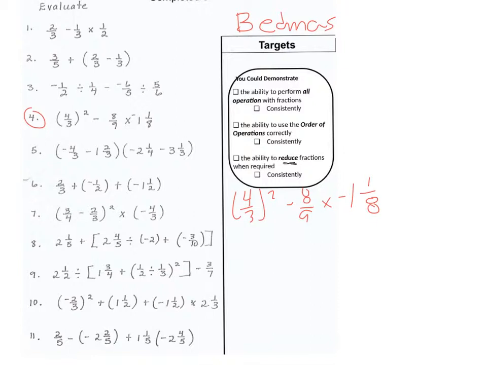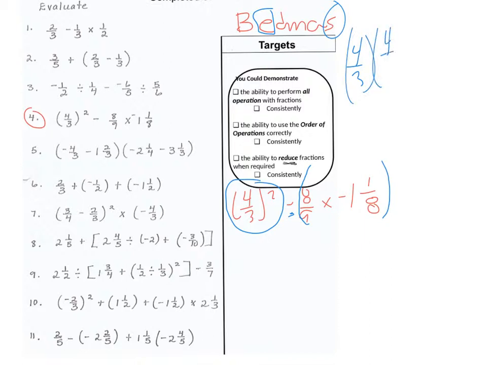Okay, I am going to block some of this off. I am going to do this part together, and I will do this part first because it has exponents, right? So I'll do the exponents first, then I will subtract last. Okay, so 4/3 multiplied by 4/3 is 16/9.